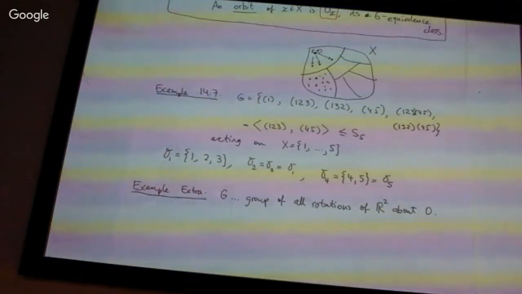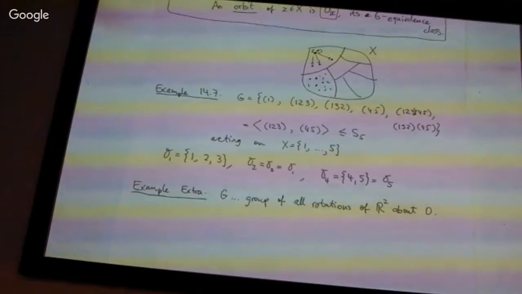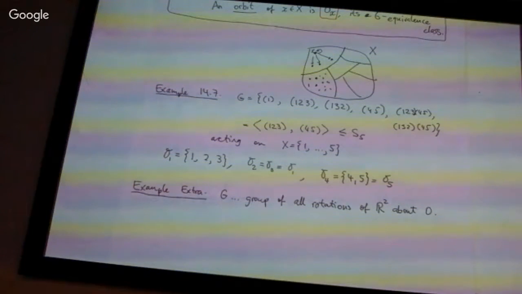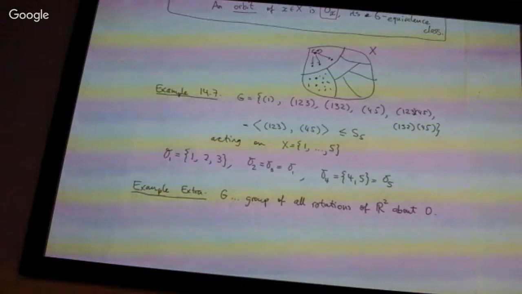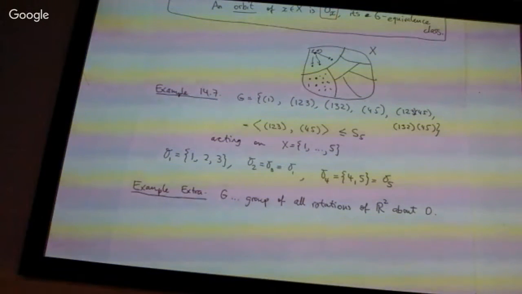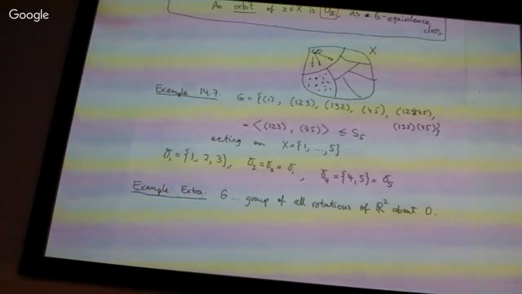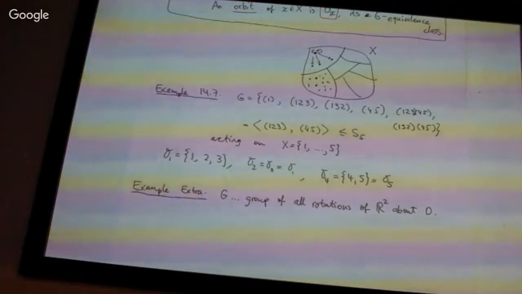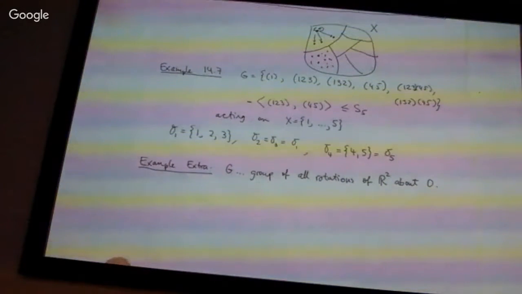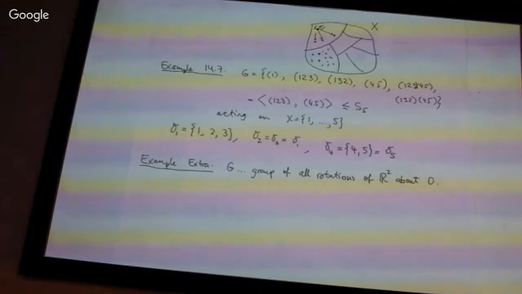Somehow this is isomorphic to the additive group of the real numbers modulo 2 pi, or modulo 360 degrees if you prefer that, but normally you'd say 2 pi. Not going to think about that.